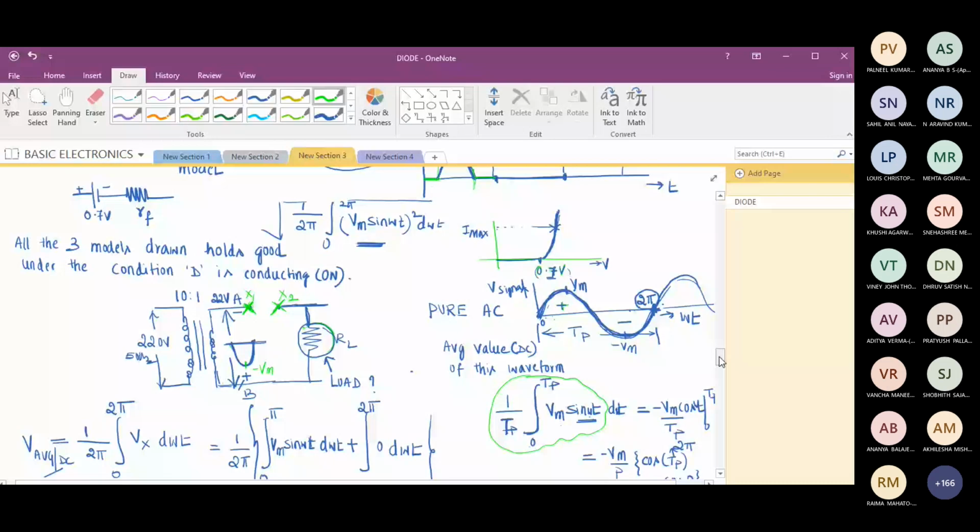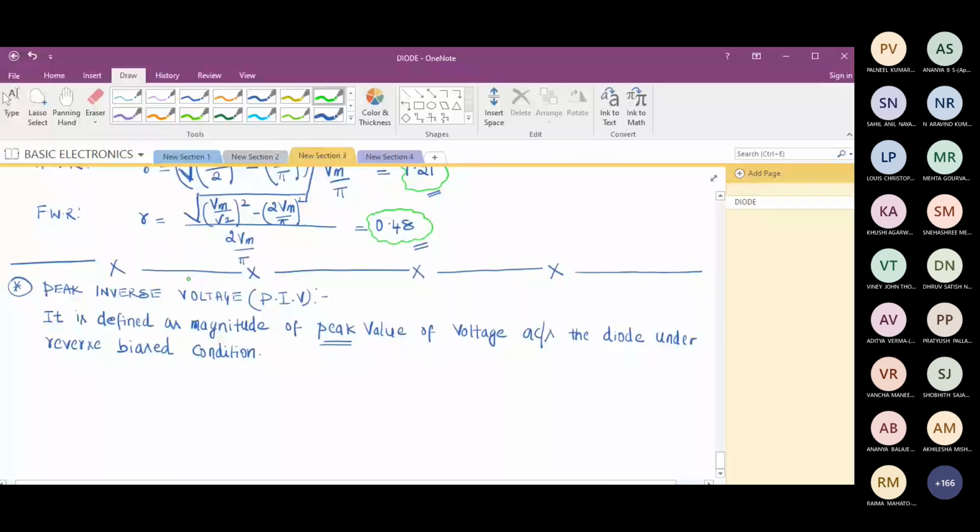What is peak inverse voltage? Sir, 0. Others? Read the definition. Secondary winding voltage. What is the maximum value across the secondary? How much voltage are you getting? Vm.